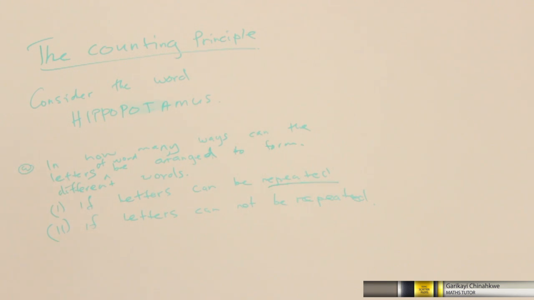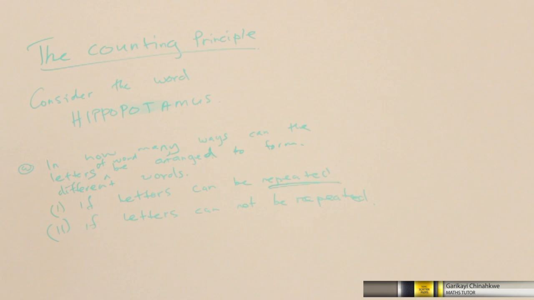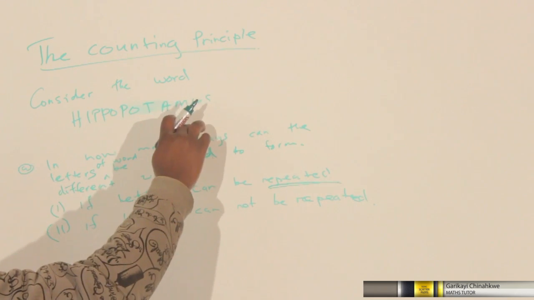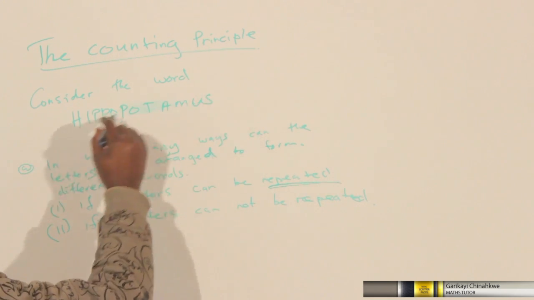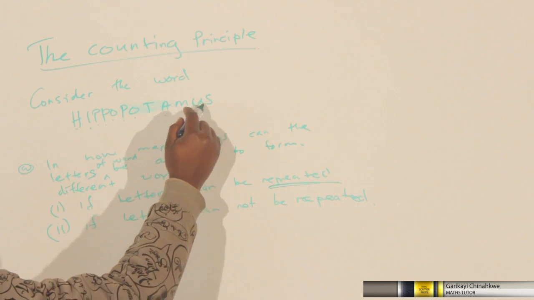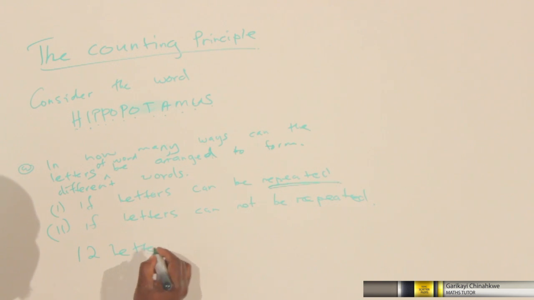If letters can be repeated, I'm emphasizing that, you just ask yourself, how many letters are there? We can find out it's 1, 2, 3, 4, 5, 6, 7, 8, 9, 10, 11, 12. There are 12 letters.